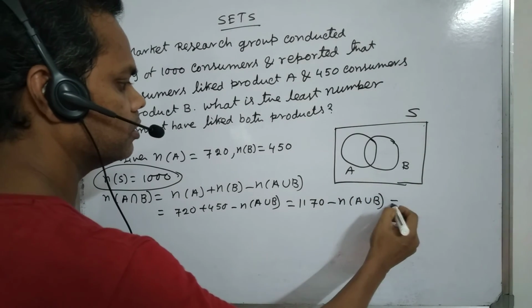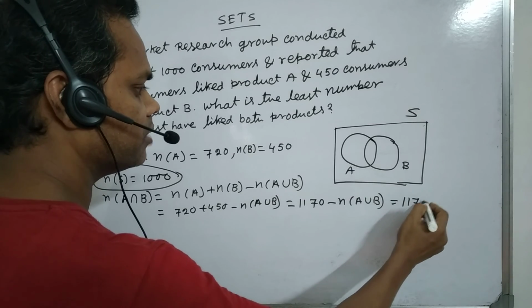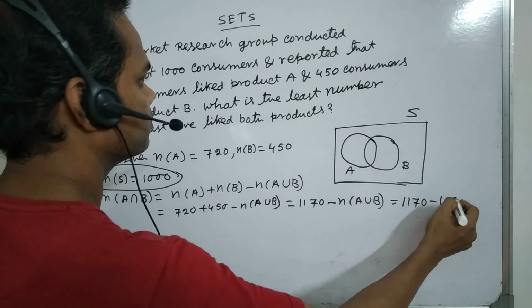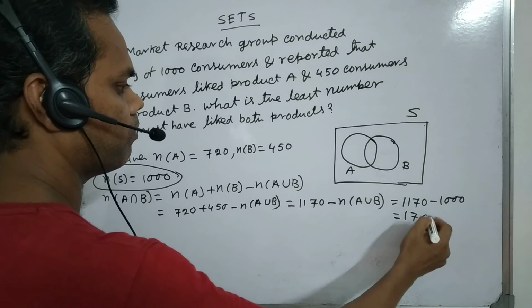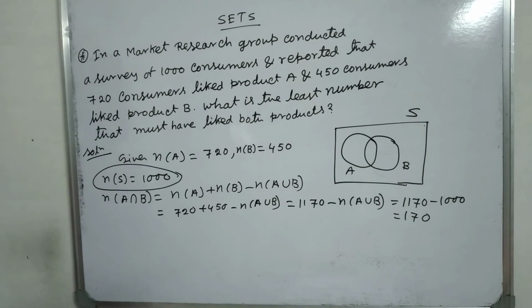So this is 1170 minus 1000, that is 170 people who liked both products A and B.